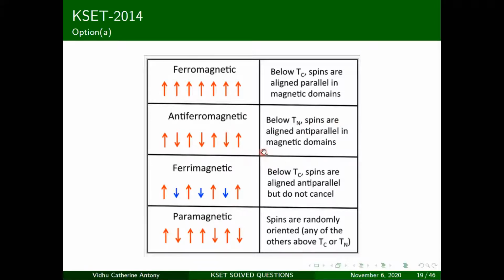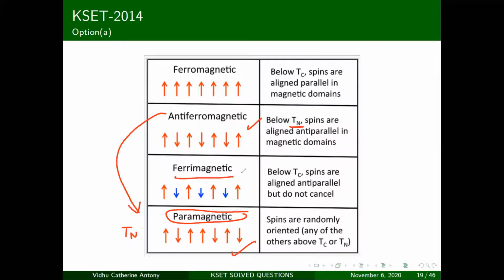How do you get your antiferromagnetic material to become a paramagnetic material? You bring it above your Tn value, and you get a paramagnetic material. But if it is below your Néel temperature, it is always going to be an antiferromagnetic material. If it is above the Néel temperature, it becomes a paramagnetic material.